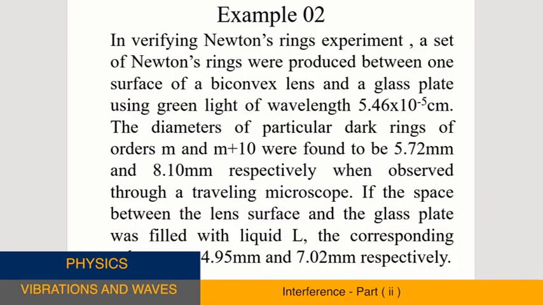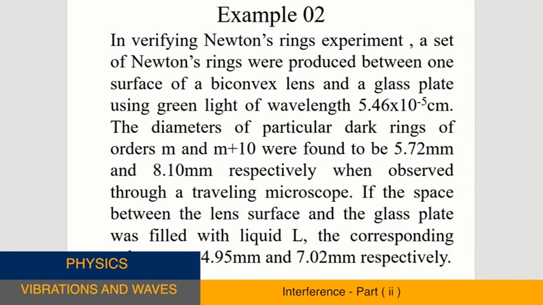We find that the values, instead of being 5.7 or 8.1, change to 4.95 and 7.02. It means the diameter of the m order, which was 5.7, will now be 4.95. Instead of 8.1, it will be 7.02. That has now been reduced.